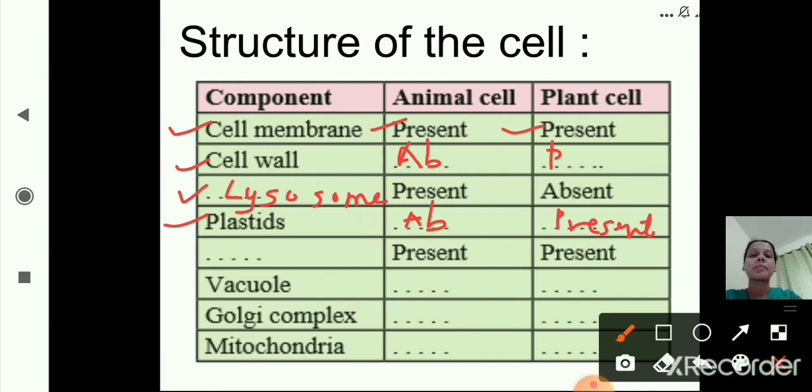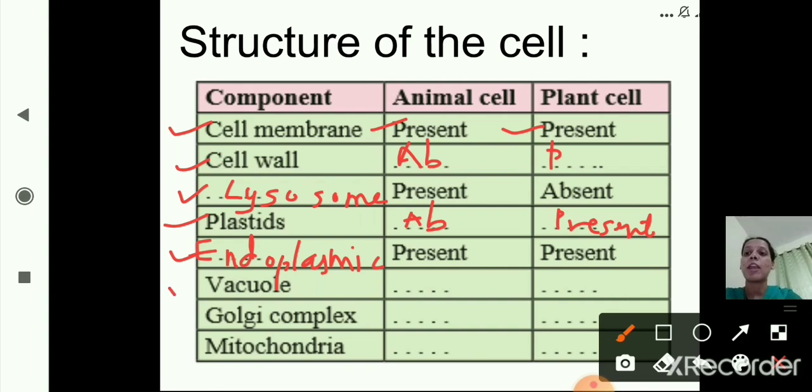Now the next one is, which component is present in animal cell as well as in plant cell? So the component that is endoplasmic reticulum. So you heard about this, okay? Endoplasmic reticulum, it is present in animal cell as well as it is present in plant cell.